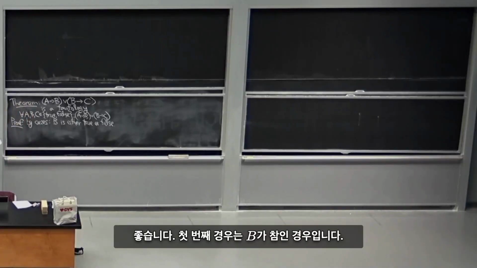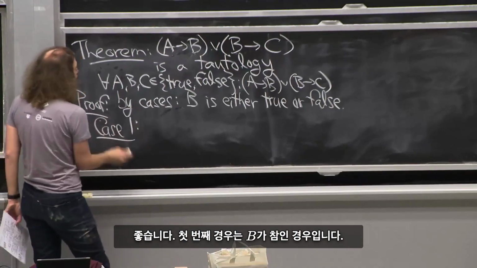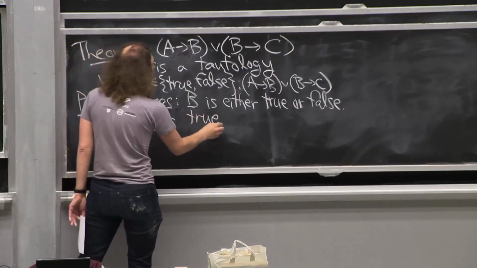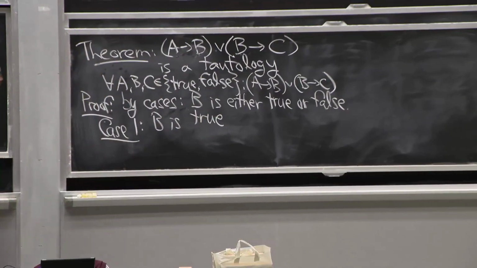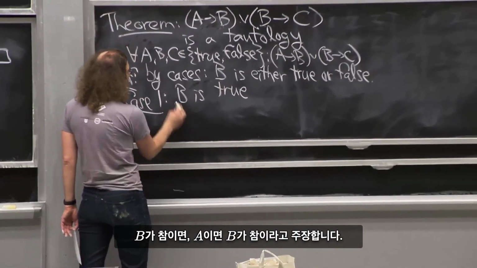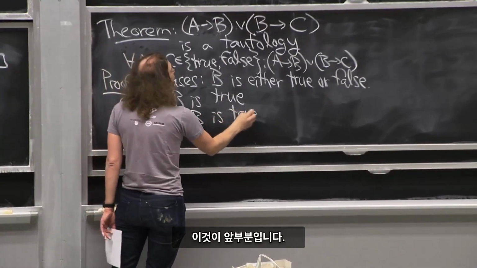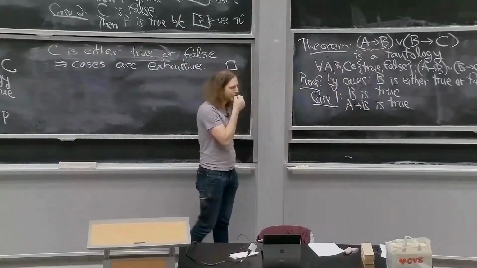Okay, so case one is that B is true. If B is true, I claim that A implies B is true, which is this first half. Why?